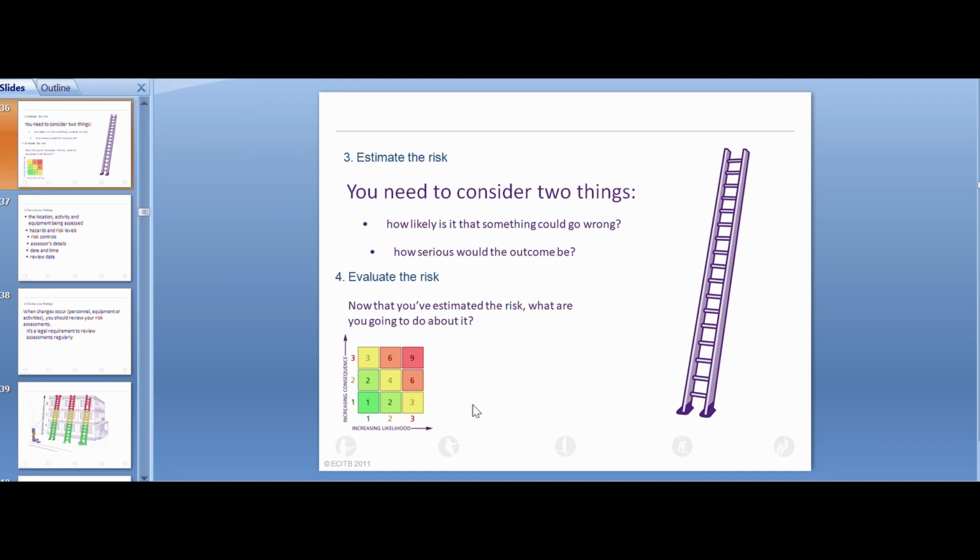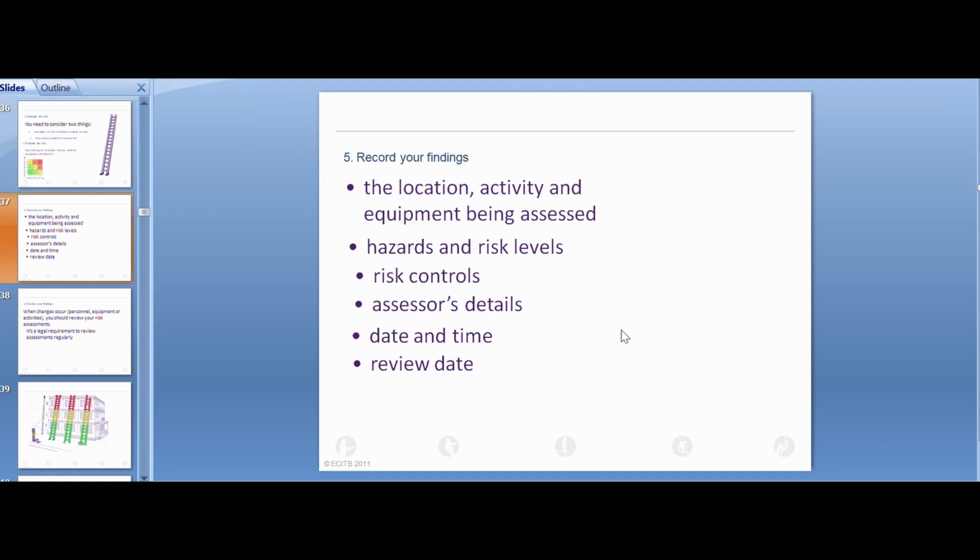Now that you have estimated the risk, what are you going to do about it? In the coming slides we will show in more detail how to calculate the consequences and the likelihood. Record your findings: the location, activity, and equipment being assessed, hazard and risk levels, risk controls, assessment details, date and time, and then the review date.